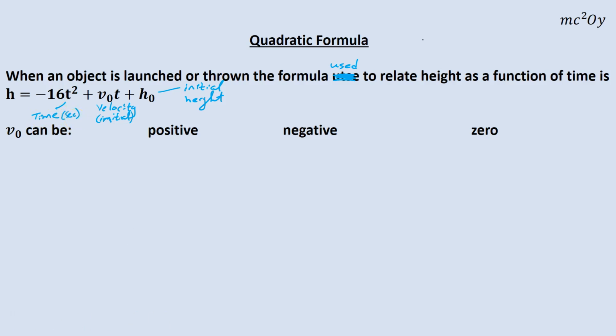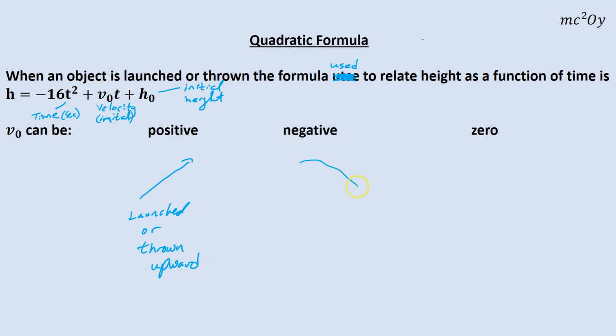Okay. So your velocity can be positive, just so that we're aware this says plus, but it could be minus also. So it's positive if whatever you are launching or throwing is thrown upward. So if an item is being launched or thrown upward, say like so, okay, V is positive.